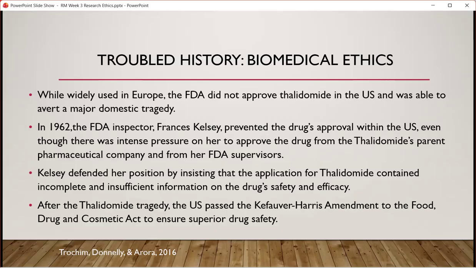And after the thalidomide tragedy and the information was emerging out of Europe that it was causing these terrible birth defects, and so many children were impacted, many of whom did die, this is where the US now passed the Kefauver-Harris Amendment to the Food, Drug, and Cosmetic Act to ensure that there was rigorous and superior drug safety.